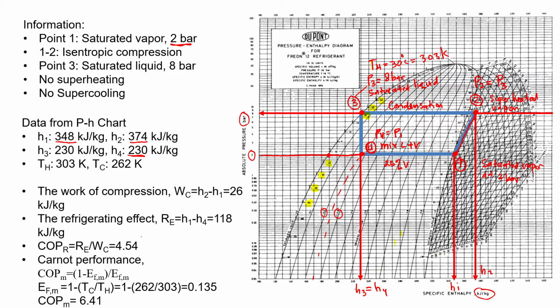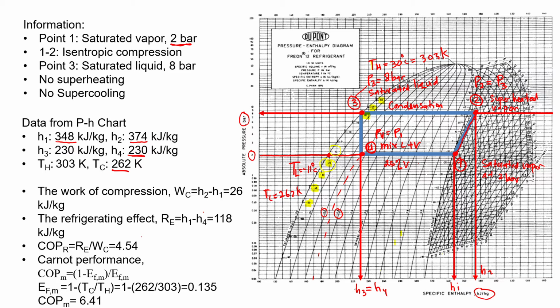It's around, I think, minus 11 somewhere here. This is minus 10 and this is minus 20. So it's minus 11. You get TL equal to minus 11 degrees Celsius, TL equal to 262 Kelvin. I already put it here.